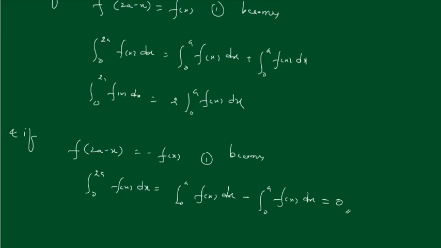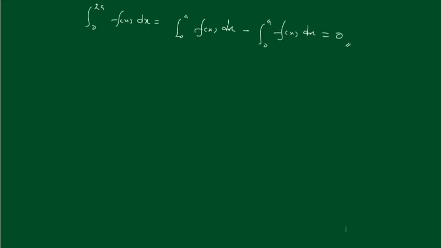Next, finally, proof of the 8th property. Proof of the 8th one. Using property 3, let's see what we can write.